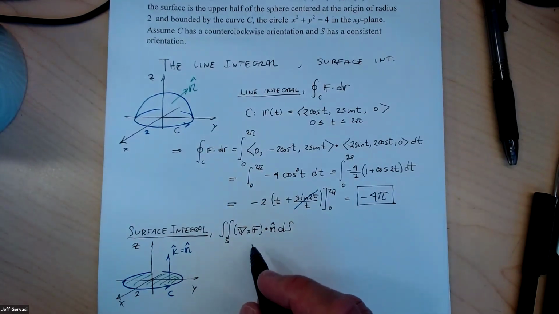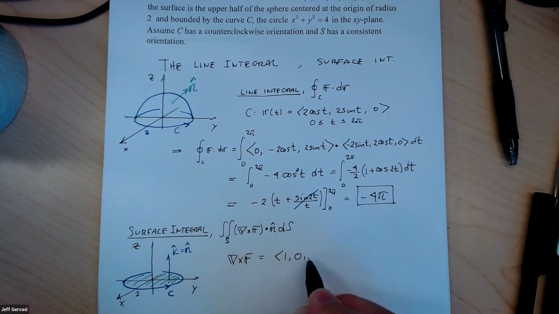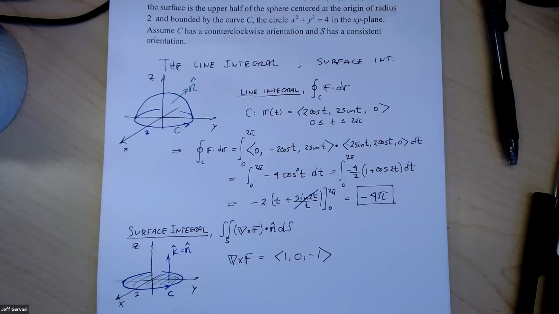Okay. All right. Now, I'm going to leave it to you to verify that the curl of the vector field F is equal to this. Okay, you verify that.